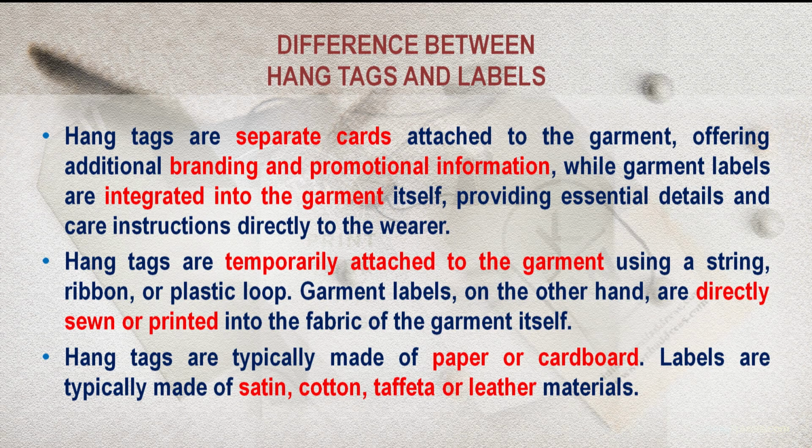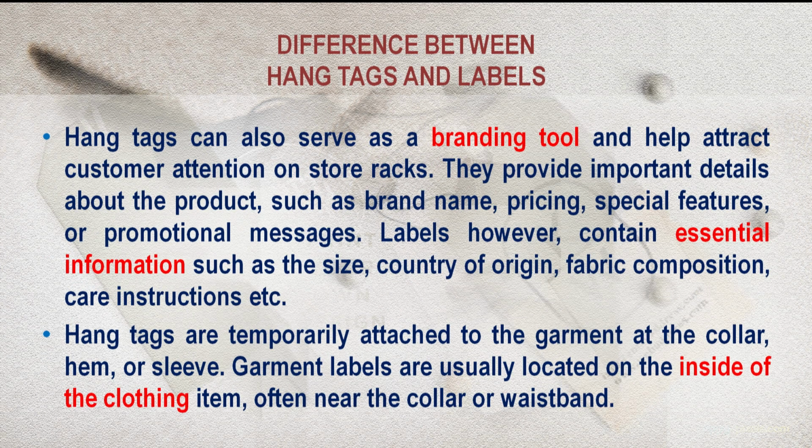Then hang tags are a temporary attachment to the garment and labels are a permanent attachment. Third, hang tags are typically made of paper or cardboard, and labels are typically made of fabric such as satin, cotton, taffeta or leather.